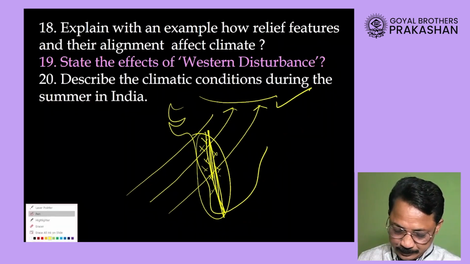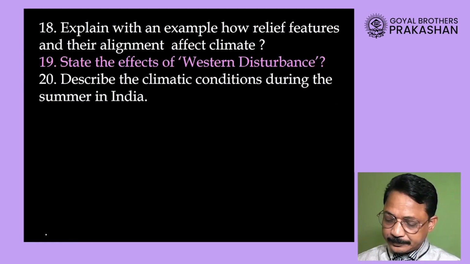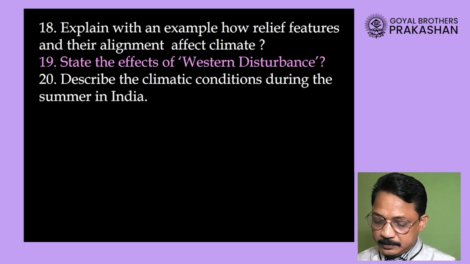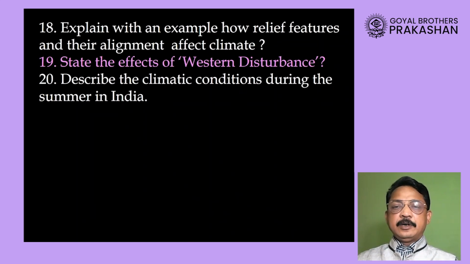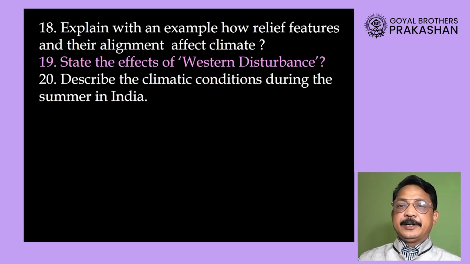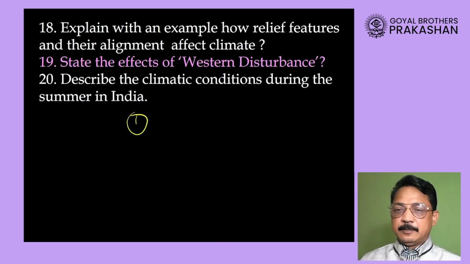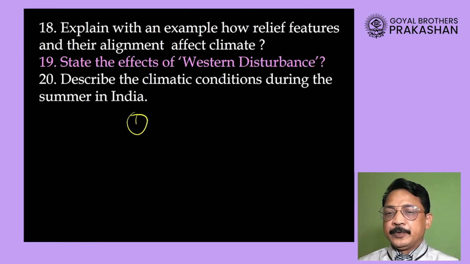Okay, now students, the next question is describe the effects, or state the effects, not describe, state the effects of western disturbance. So first thing you have to write down, students, that western disturbance is a temperate cyclone experienced in Punjab and Haryana during winter season.